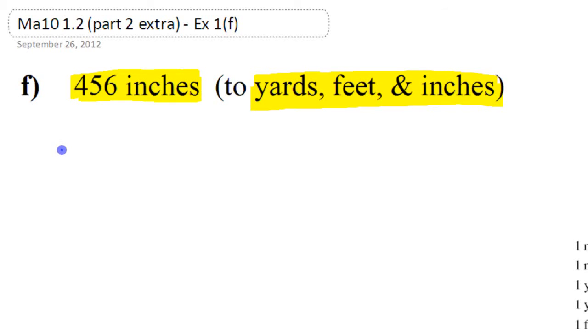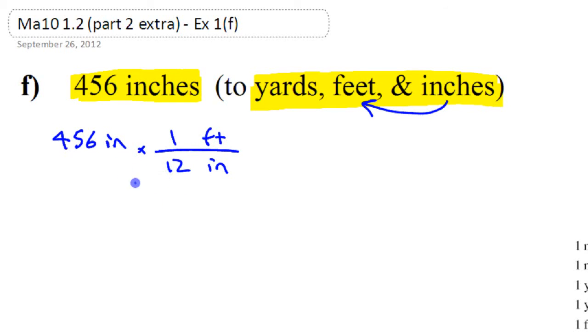First you want to convert the number of inches to feet, right? So you're going to say 456 inches using unit analysis. And you want to convert it to feet, you can say 1 foot is 12 inches. So you're going to divide, right? 456 divided by 12.